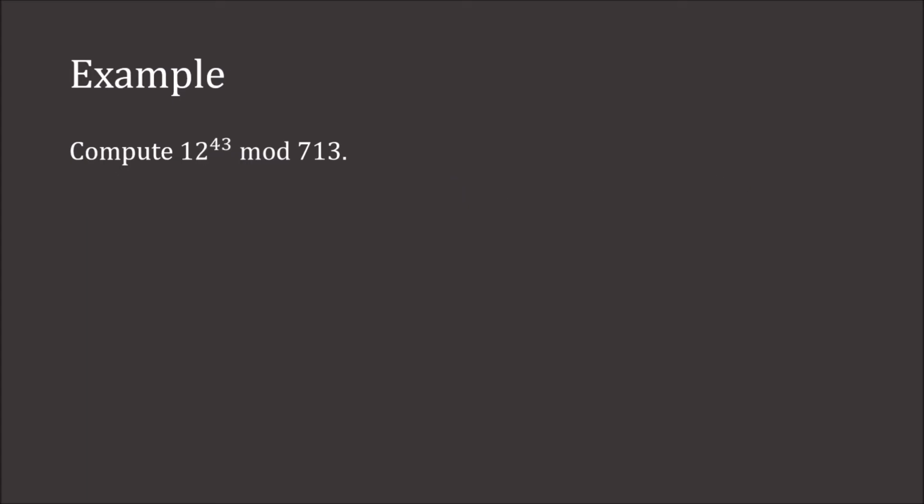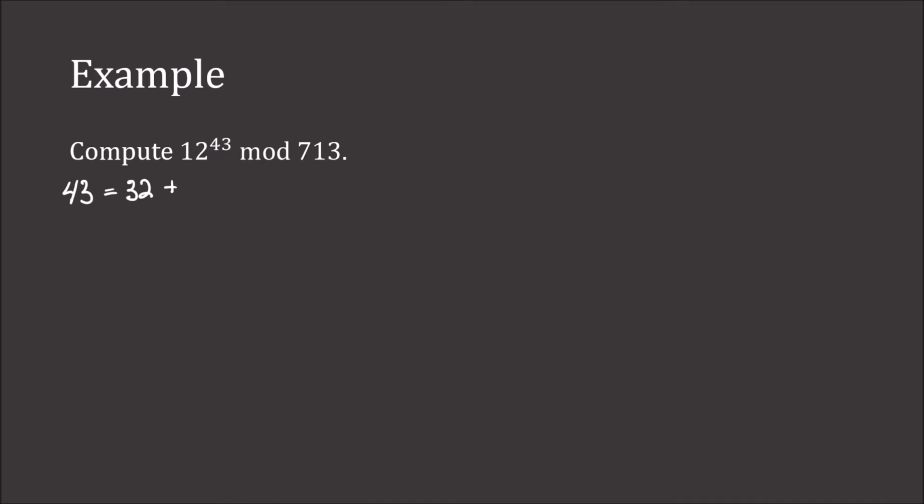Now 12 to the 43rd power mod 713. The idea here is to write 43 as a sum of powers of 2. 32 is the largest power of 2 that is less than 43. 16 is the next one.